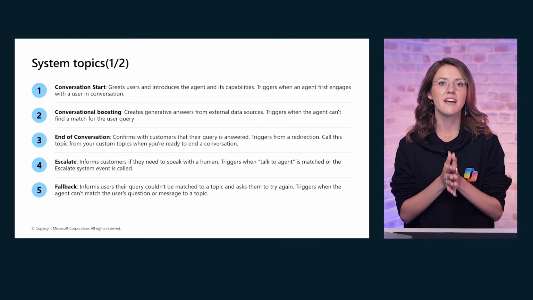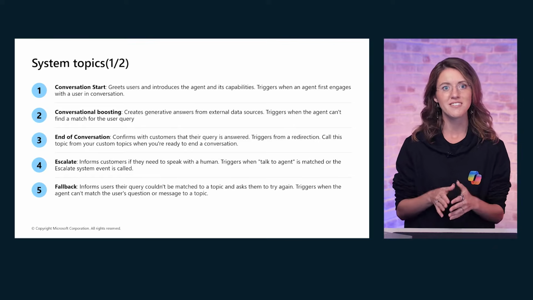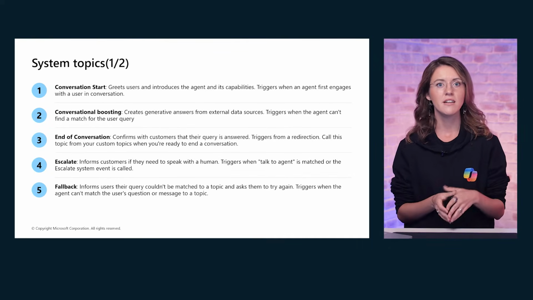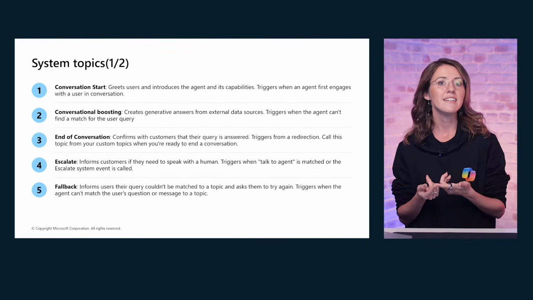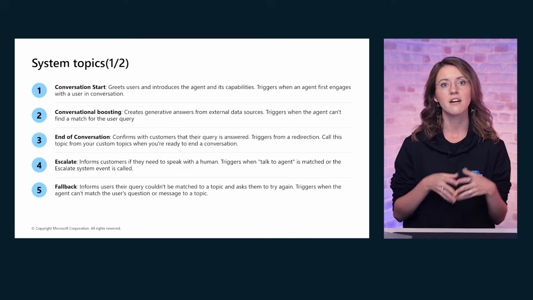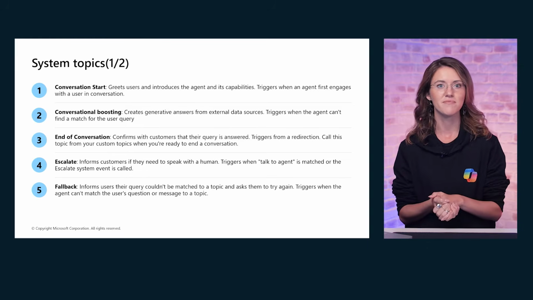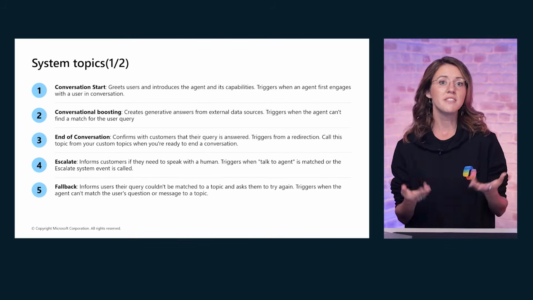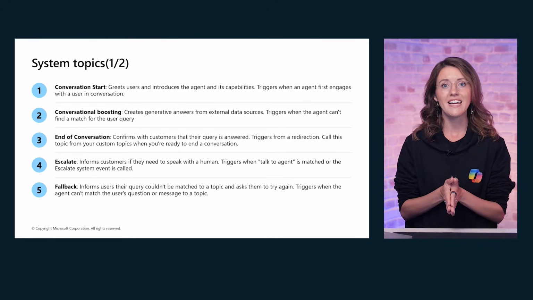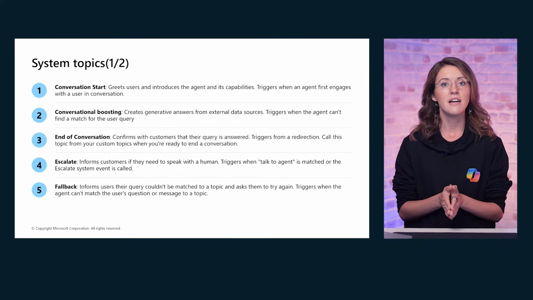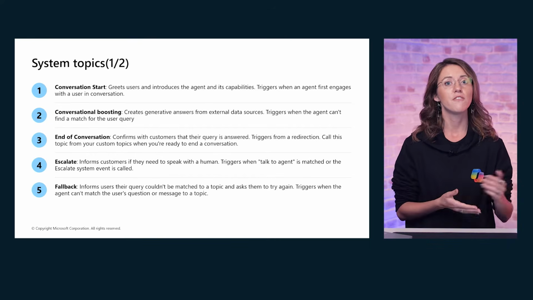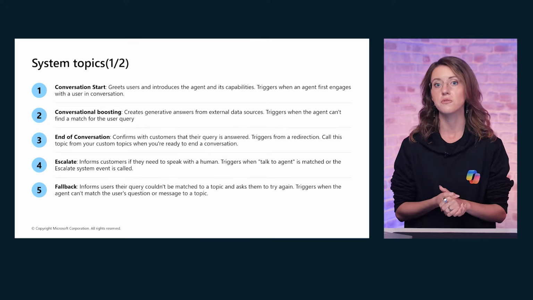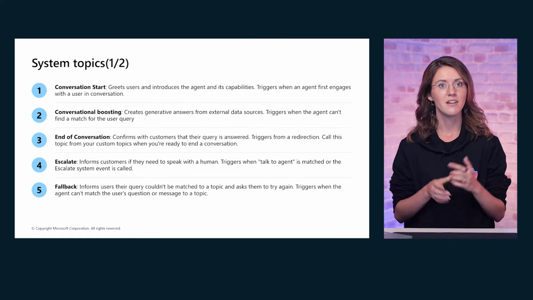These topics are essential for helping your agent handle common system events, such as escalation, and include crucial behaviors like ending a conversation. The conversation start topic greets users and introduces the agent along with its capabilities. It's triggered when an agent first engages with a user in a conversation.